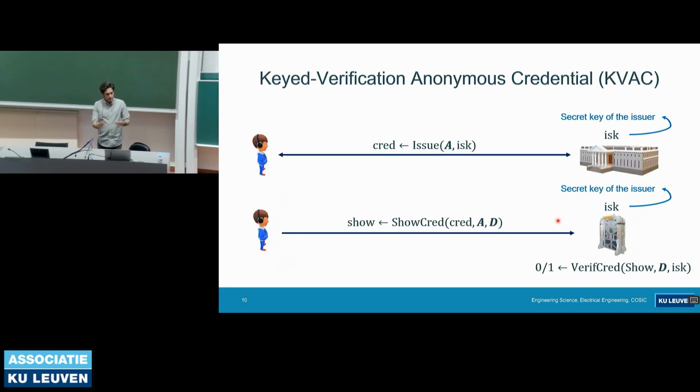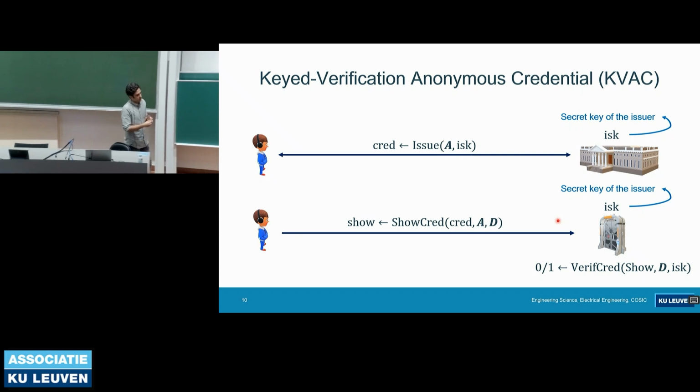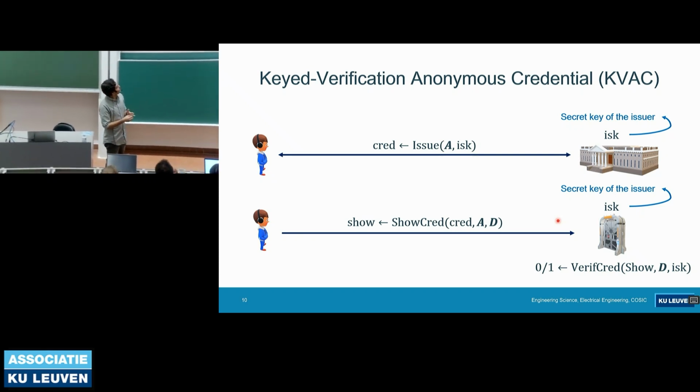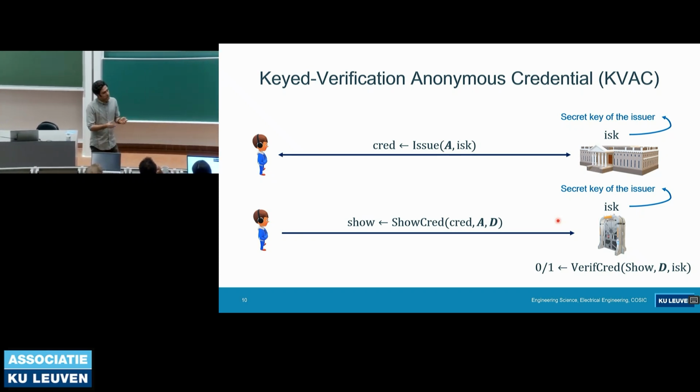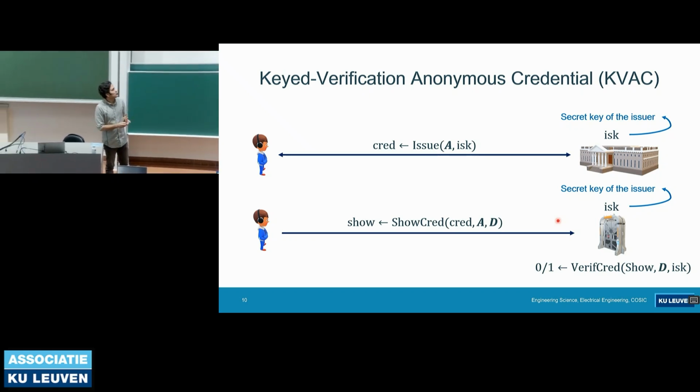So let's turn it into the KVAC, the keyed-verification setup. For the keyed-verification setup, the only thing that we need to do is to give this secret key to both the issuer and the verifier, and there is no need for a public key anymore.